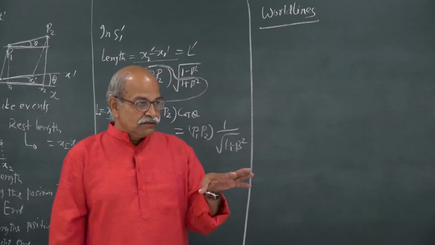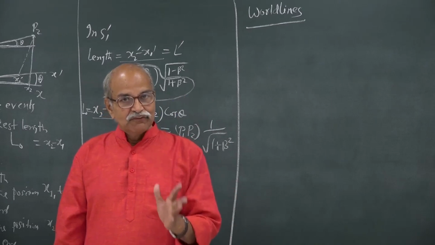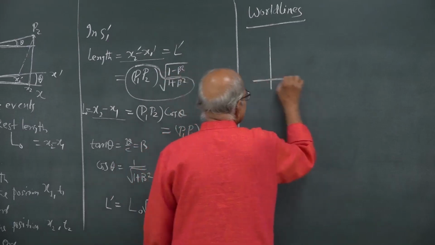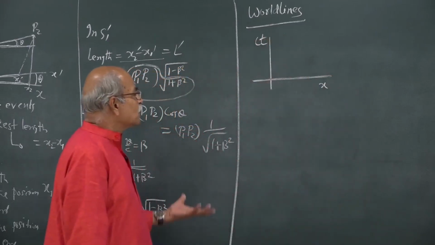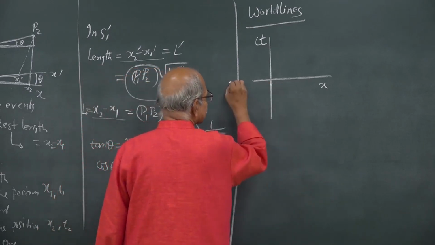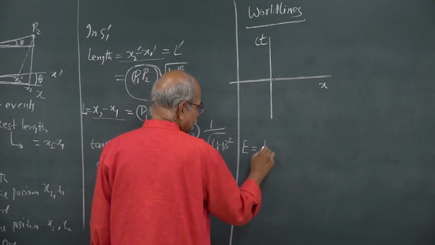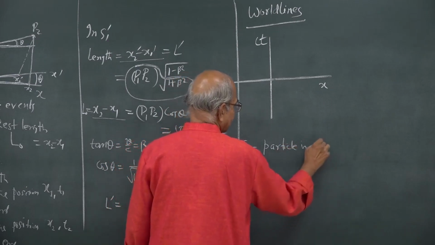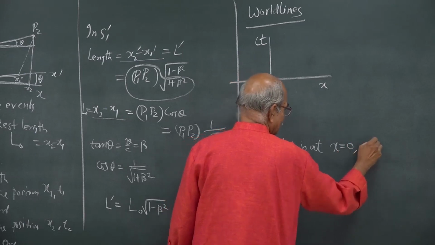So it is not on Lorentz transformation, but in one particular frame, if you draw this Minkowski diagram, x here, ct here, and suppose at a certain instant your particle is at the origin. So what is the event? Event is the particle is at, say, x equal to 0 and at t equal to 0.